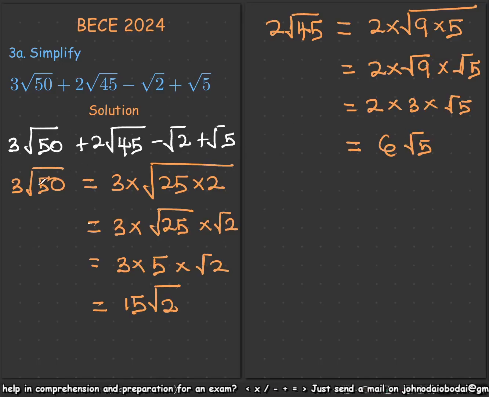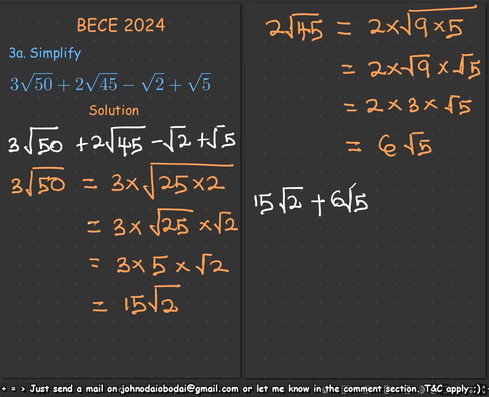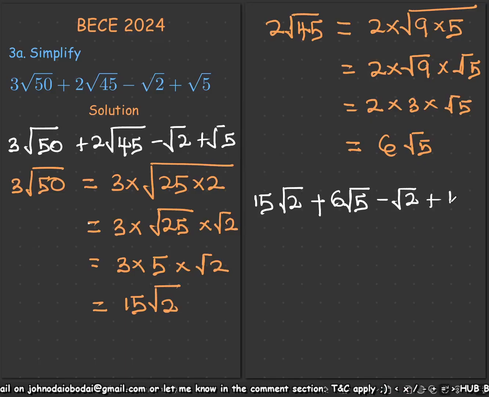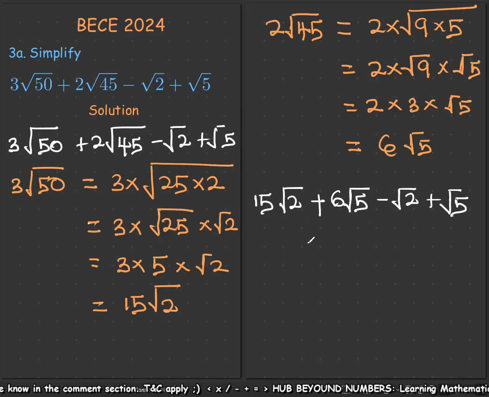So the 3 root 50 has now become 15 root 2, plus our 2 root 45 has now become 6 root 5, minus the root 2 plus the root 5. Now we would have to group them with respect to their roots.